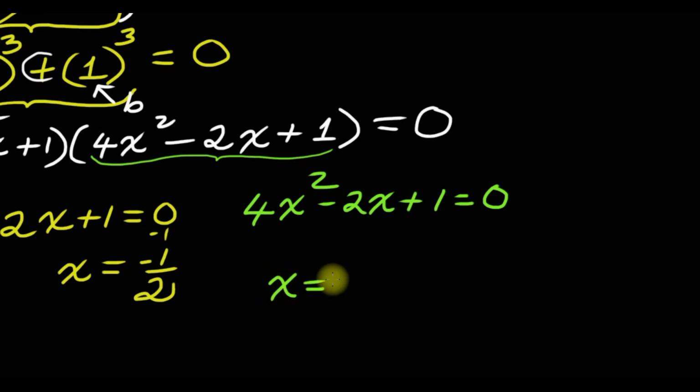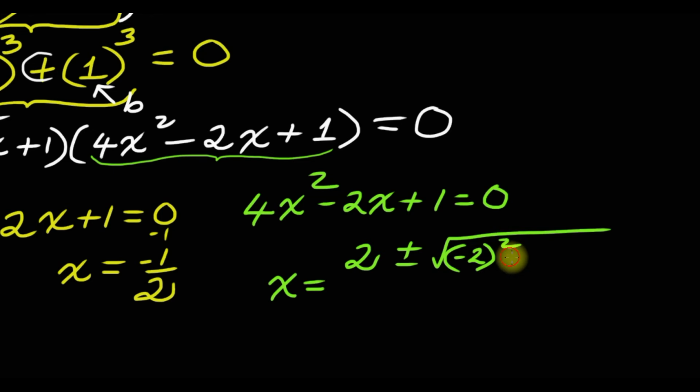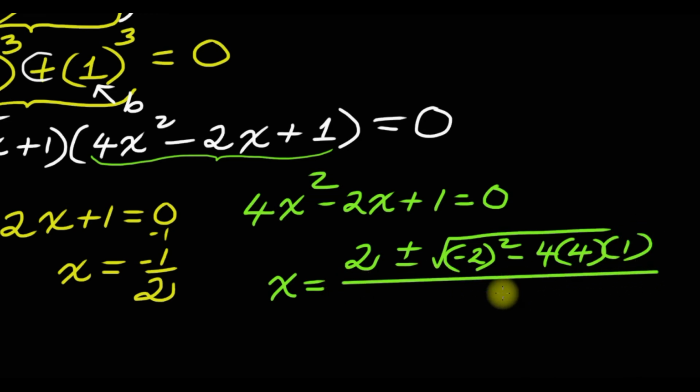So to find x, it's going to be the opposite of b, so that's going to be 2, plus or minus the square root of b squared. So that's going to be negative 2 squared, take away 4 times a is 4, c is 1. And we divide the whole thing by 2a.